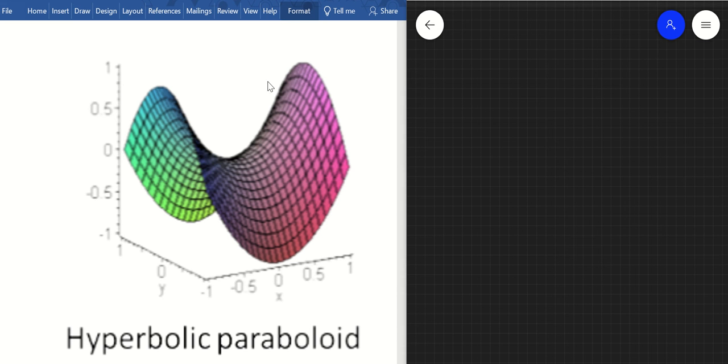In section 0, we looked at plotting surfaces from functions of two variables. Here's one that we saw, the hyperbolic paraboloid, which has parabolic curves along the x-axis and upside down parabolas along the y-axis.